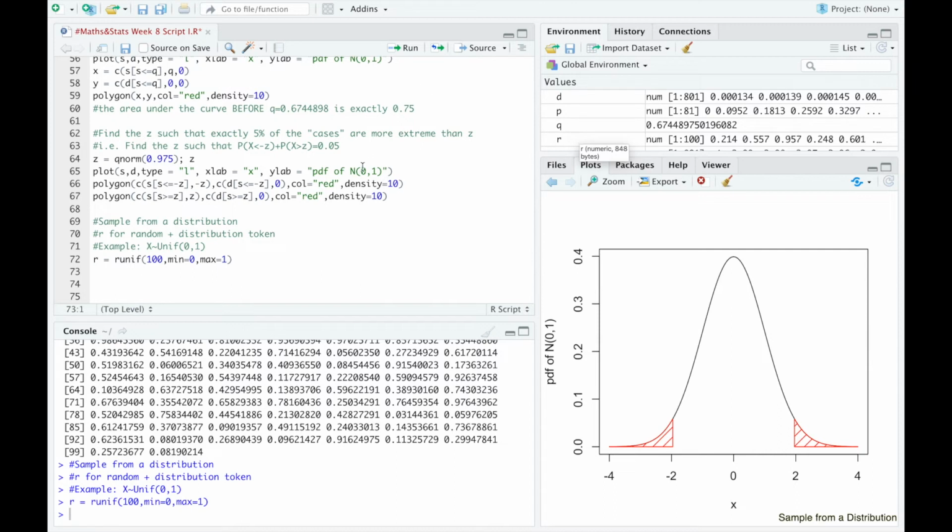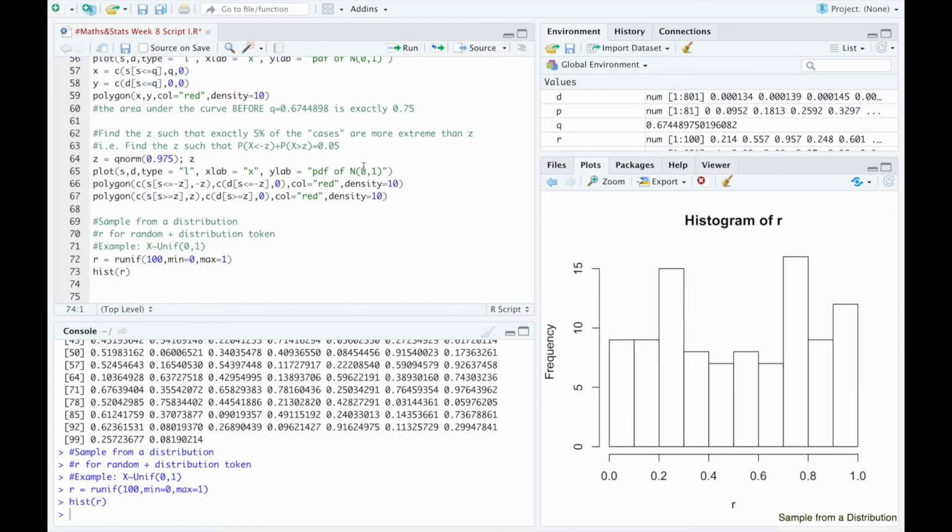Let's look at what these look like. The best function to do so is the histogram, hist. So I want to plot the sample that I've seen. You see, we only have 100 samples, and does it look uniform? Well, maybe, I don't know, maybe it doesn't look amazing.